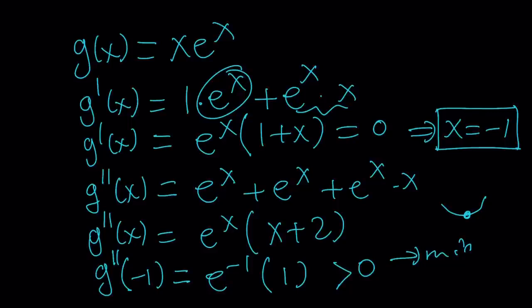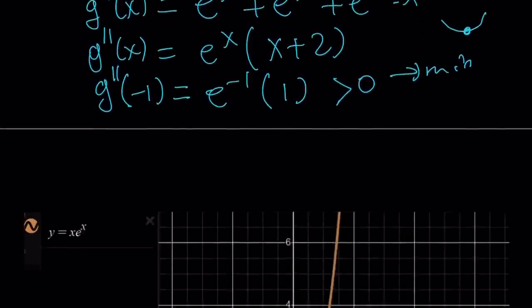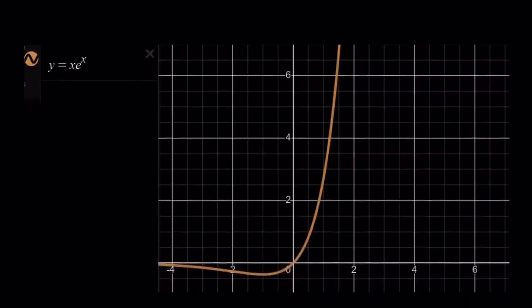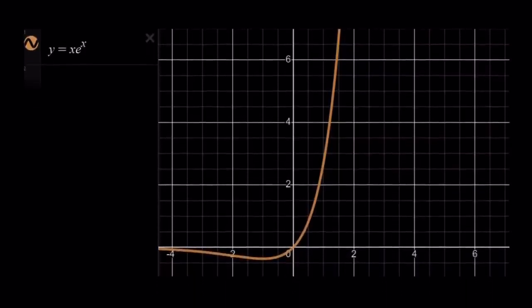And if you graph the function, you'll have a better idea why we got that value. Here's what the graph looks like. The graph of y equals x times e to the power x. And as you can see here at -1, we have a minimum.